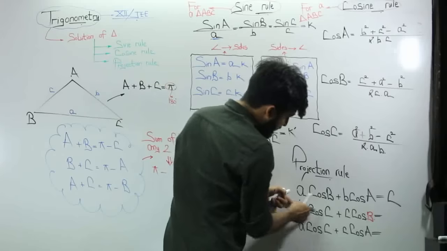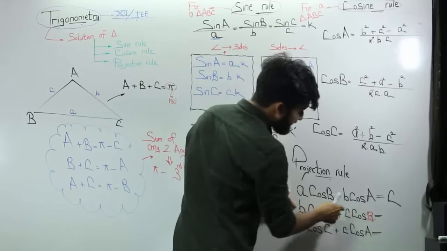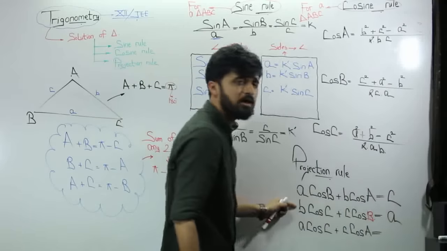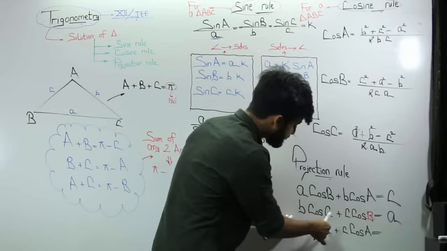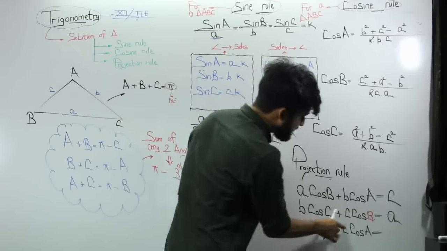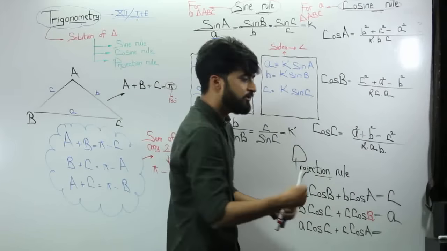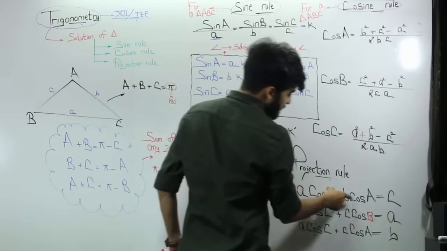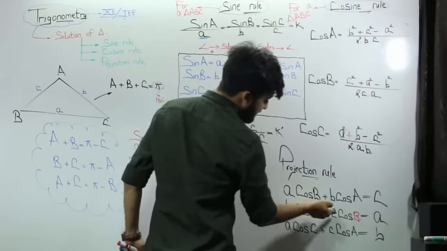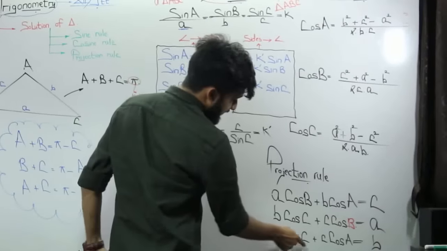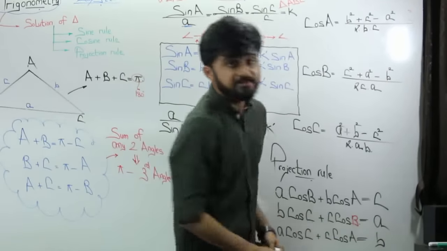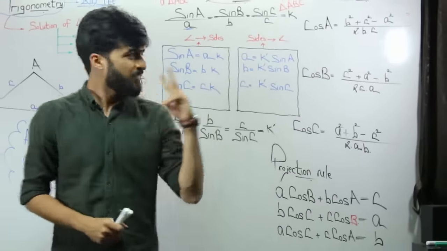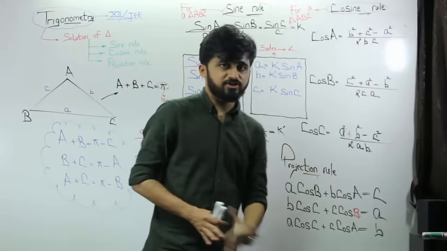If it is B cos C and C cos B, the remaining side is A. If it is A cos C and C cos A, the remaining side is B. In this way we define the sine rule, cosine rule and projection rule.